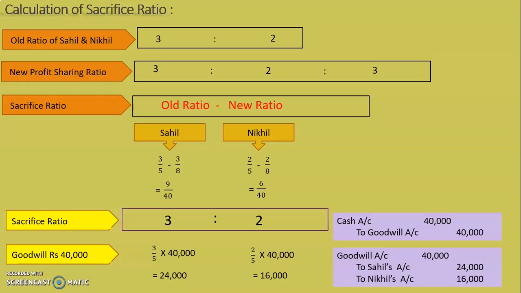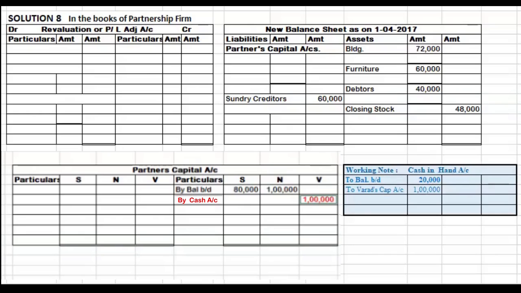So the net entry what we have to pass is cash account has to be debited by 40,000 and we have to credit Sahil's account and Nikhil's account by 24,000 and 16,000 respectively. So we write the amount of goodwill brought in cash on the debit side of cash in hand account and credit side of Sahil's and Nikhil's capital account.